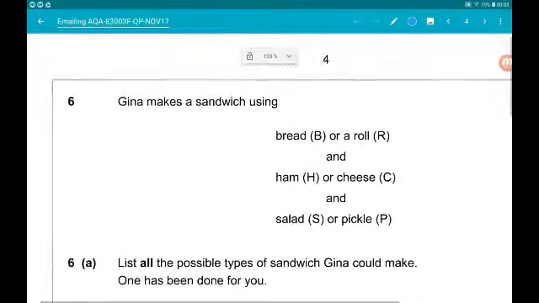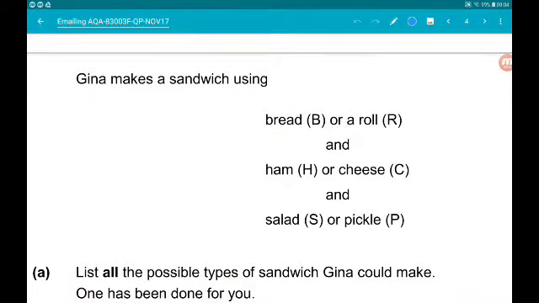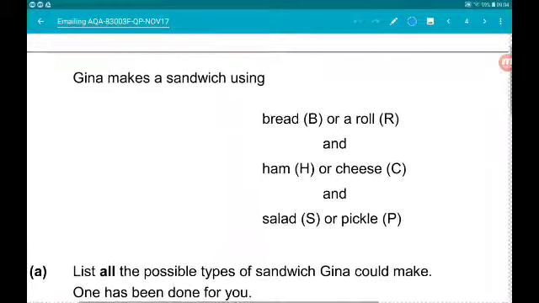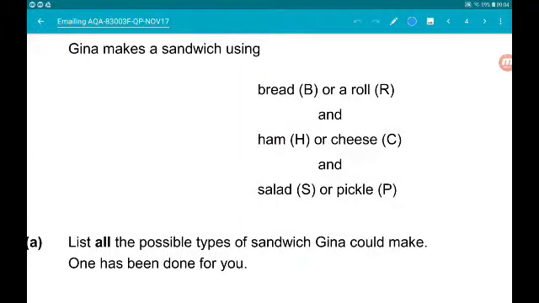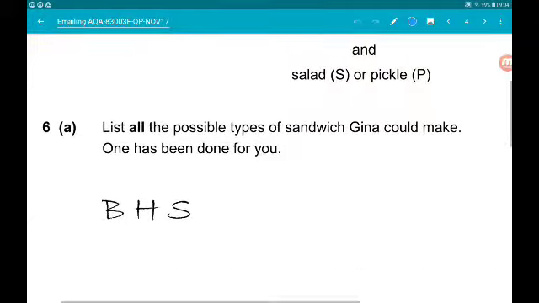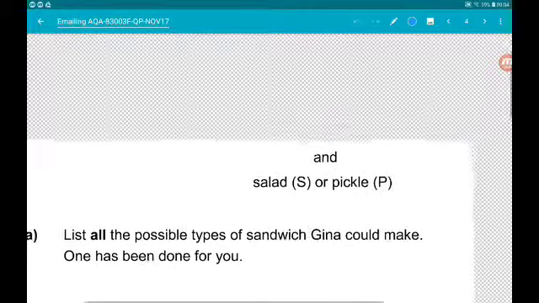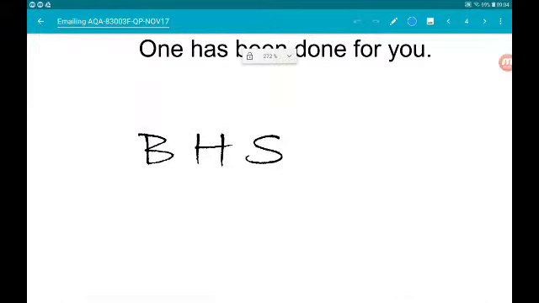Question 6. Tina makes a sandwich using bread B or a roll R, ham H or cheese C, salad S or pickle P. List all of the possible types of sandwich Tina can make. One has been done for you: bread, ham, salad. So do these systematically. We could have bread, ham, and pickle.